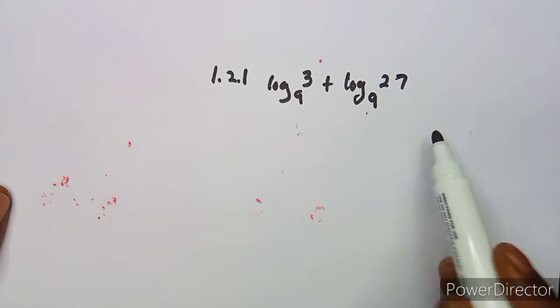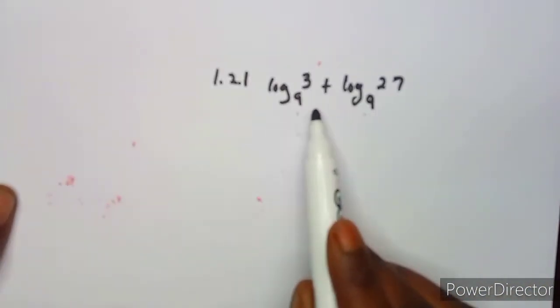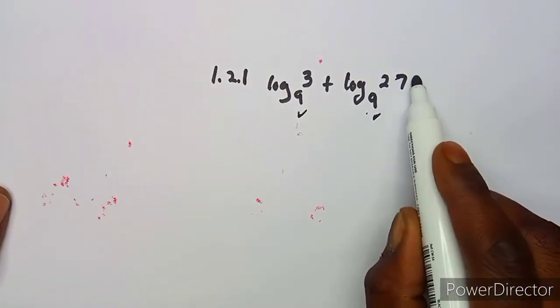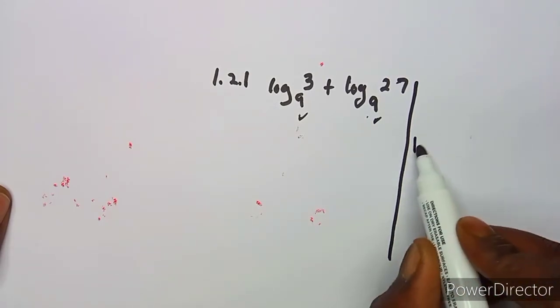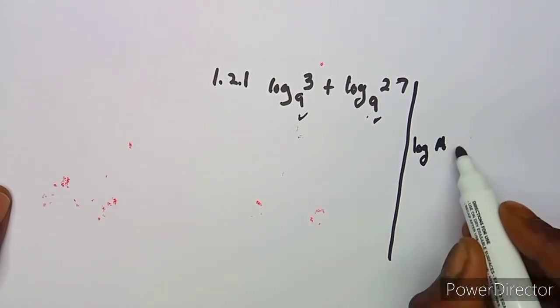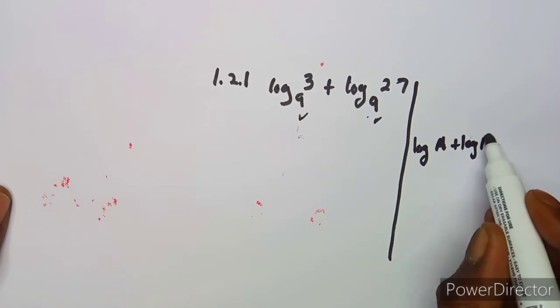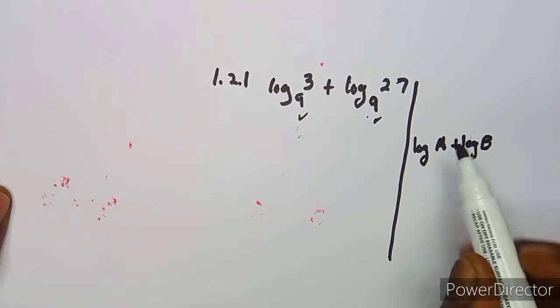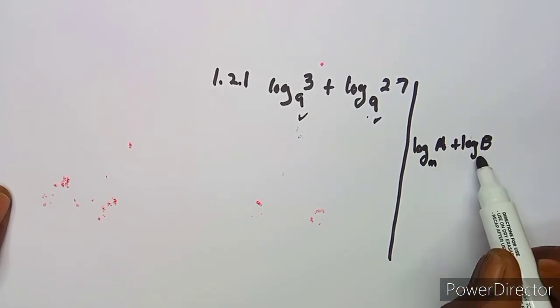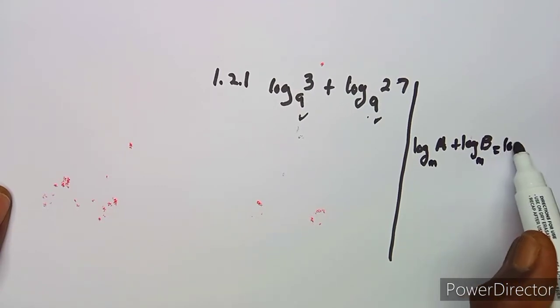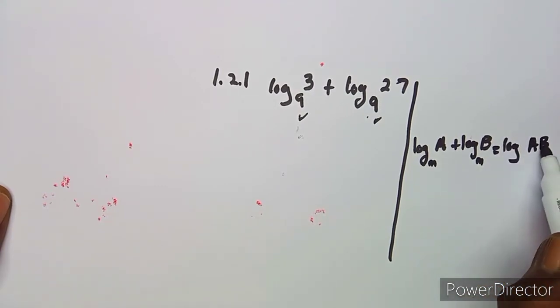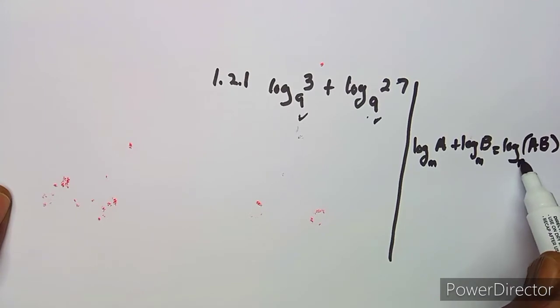All right, so this is it, guys. As you can see, the bases are the same and we are adding, so we are just going to apply our laws of logarithm: log a plus log b, provided that the bases are the same. Maybe we're talking about base m and base m. These two are going to multiply each other, a and b, in the same base of m.